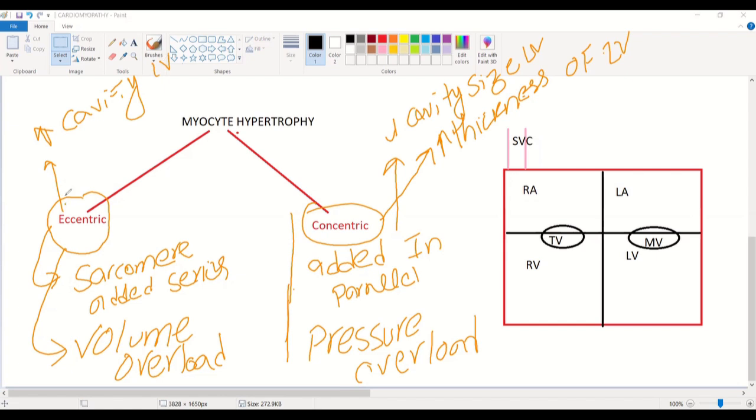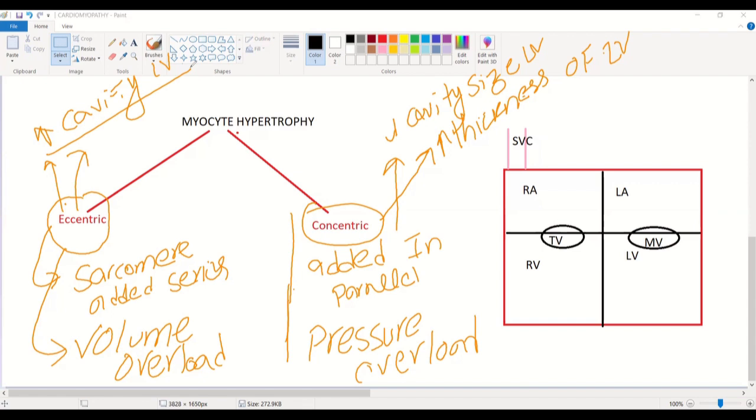What about the thickness? You can say that it slightly increases or remains normal, unchanged, right? So the main thing is the cavity. The cavity size is increased in eccentric hypertrophy, while the cavity size is decreased in concentric hypertrophy.